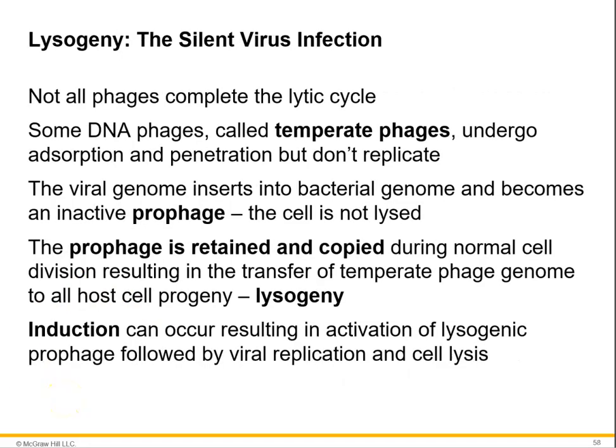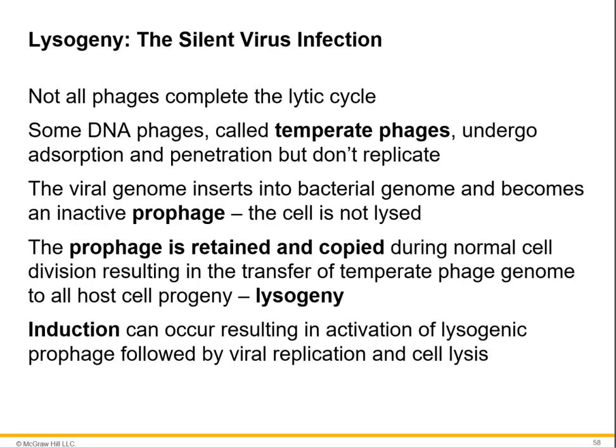So a little bit more on lysogeny. Not all bacteriophages are going to go on to complete the lytic cycle. Some phages, called temperate phages, undergo adsorption and penetration, but they don't replicate. Instead, the viral genome gets inserted into the bacterial genome and is then referred to as a prophage. It's inactive at this point, and the cell is not lysed. The prophage hangs out in the bacterial genome, and it's copied during cell division.